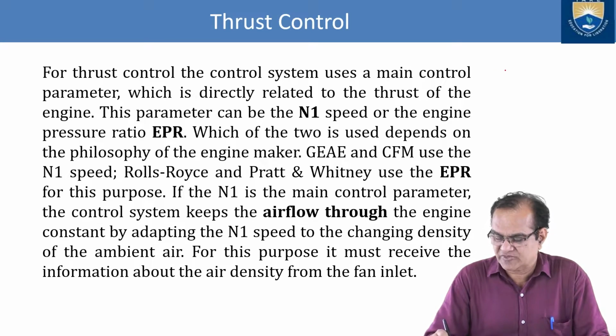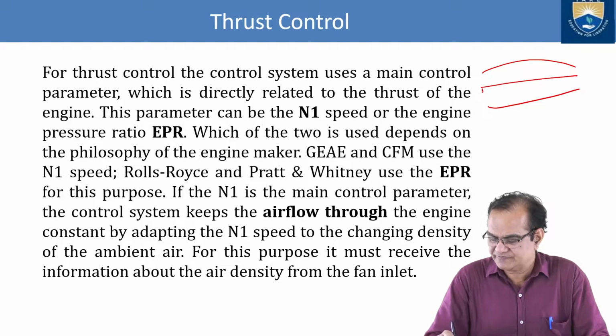If you see, this is the engine, and this is the shaft, this is the inlet, this is the compressor. There will be many stages, and the size of the compressor will slowly go down.